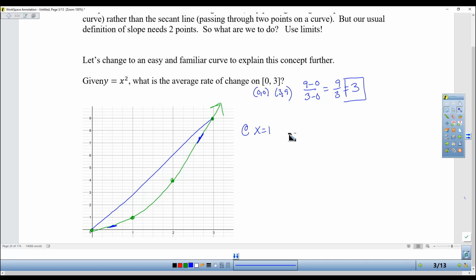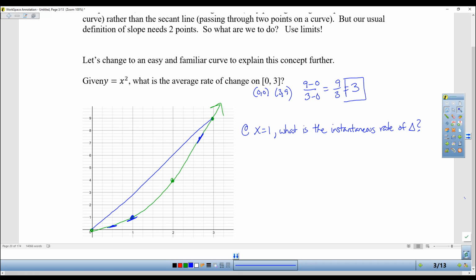At x is equal to 1, what is the instantaneous rate of change? So right there. You might want to take a guess what you think that number is. Hopefully you guess something less than 3. It is definitely not as steep as 3.